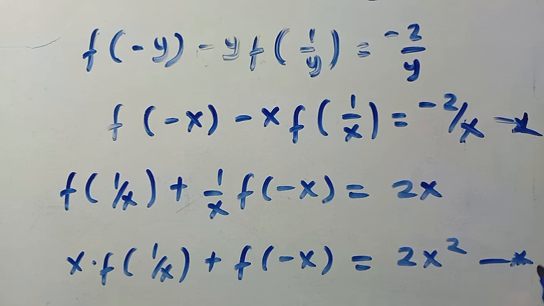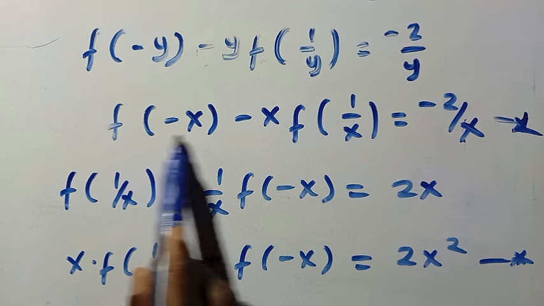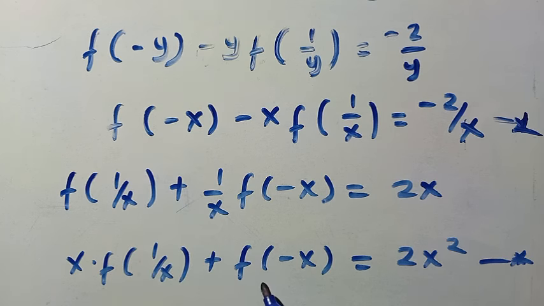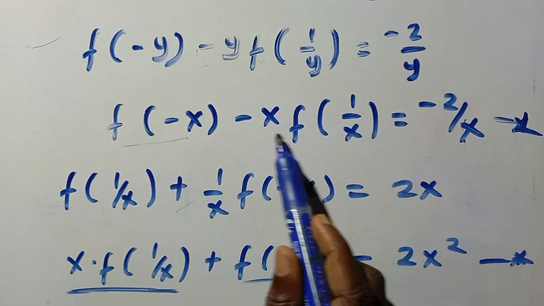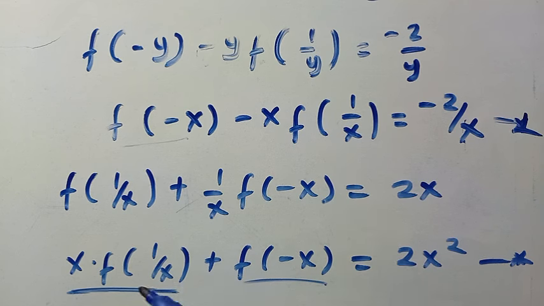So we now have two different equations. Here is f(-x) and here is f(-x), both positive. But if you check, we have x f(1/x) and -x f(1/x); these two easily cancel each other.